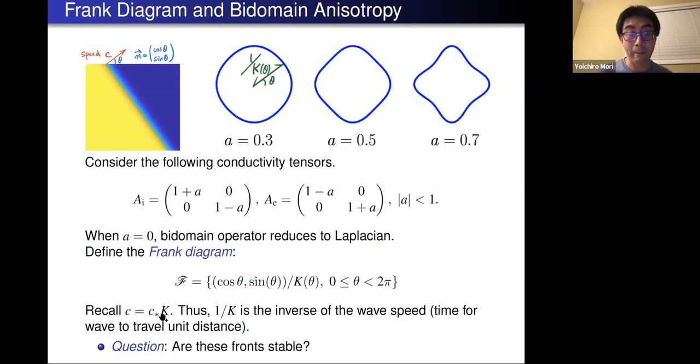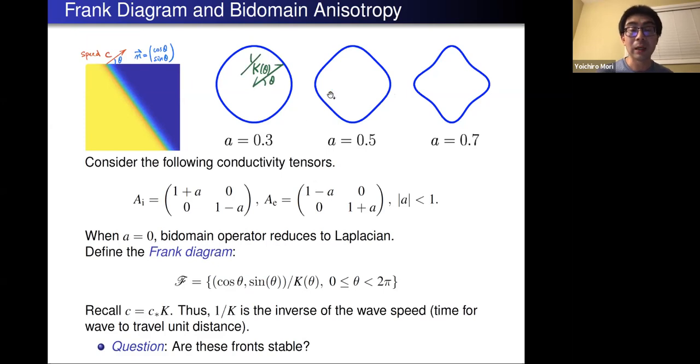One can also draw what is called the Frank diagram, which is essentially a radial plot of the inverse of the speed in that direction. Depending on the value of a, this Frank diagram can be convex or non-convex.